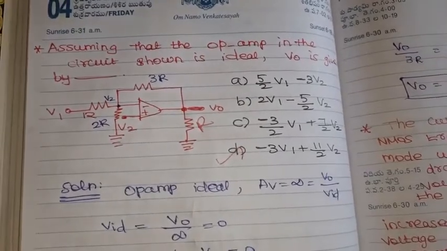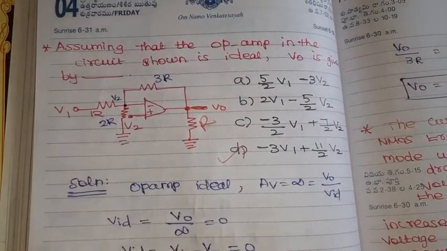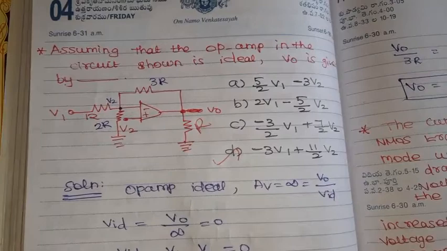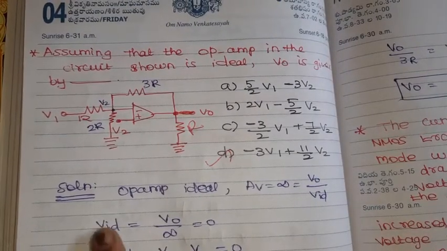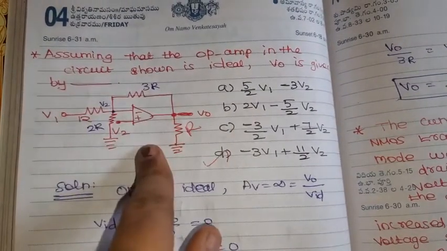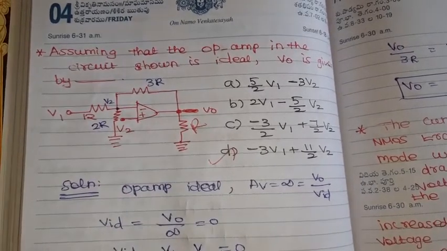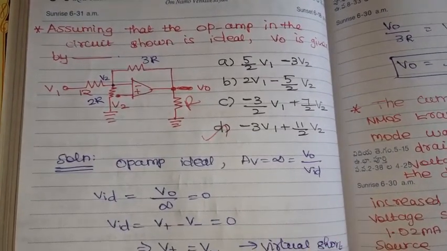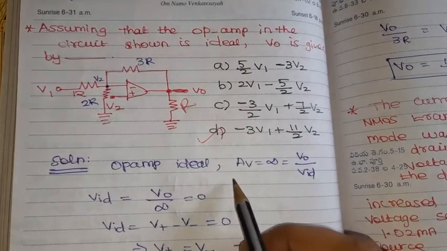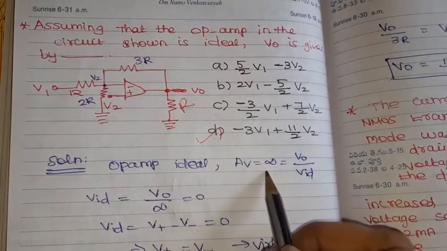Assuming that the op amp in the circuit shown is ideal, V0 is given by... An ideal op amp is given, and we need to find the V0 value. Let's see how to find it. An ideal op amp means we can assume the voltage gain is infinite.